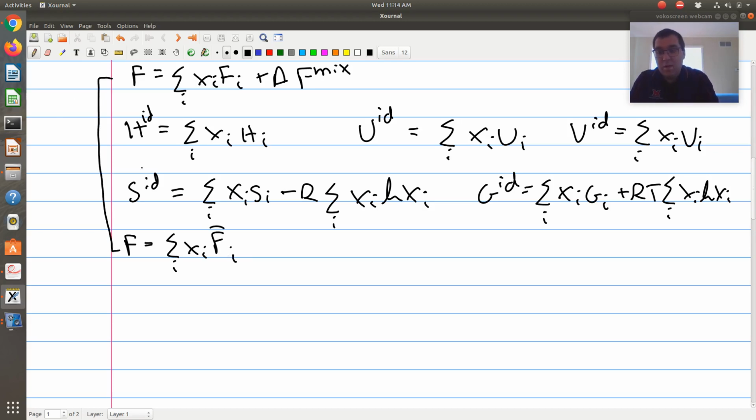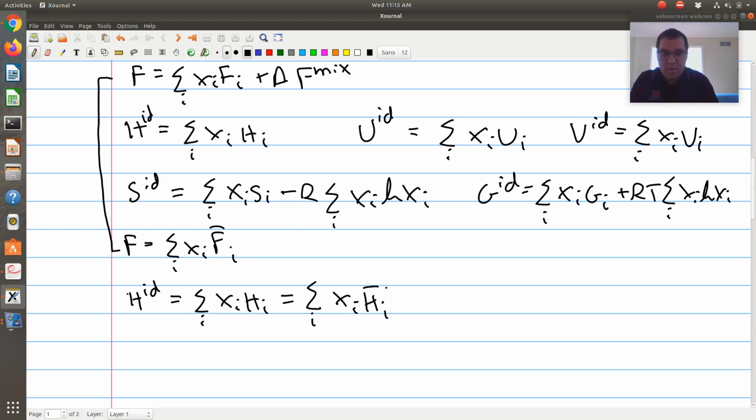So if I start with H ideal, it is equal to the sum over i of x_i h_i. That was our first expression, obtained by plugging in delta F of mixing. That is equivalent to the sum over i of x_i h bar i.